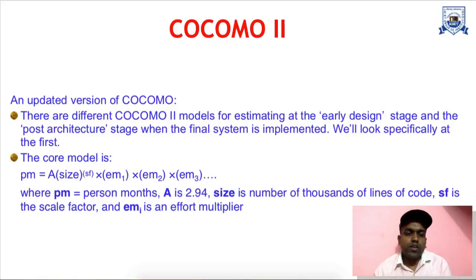Person month can be calculated as PM equal to A, which is basically a constant, into size power SF. SF is basically a scale factor that we will discuss in the next slide, into EM, that is effort multiplier: EM1, EM2, EM3, and so on.